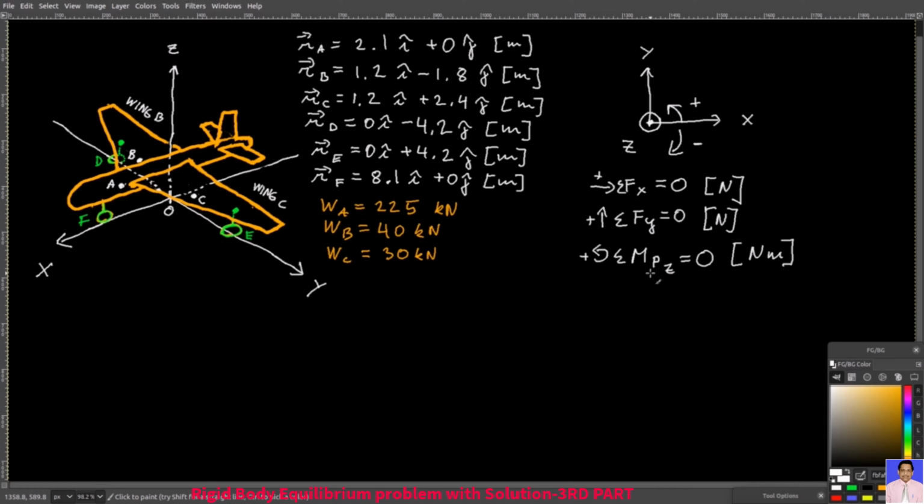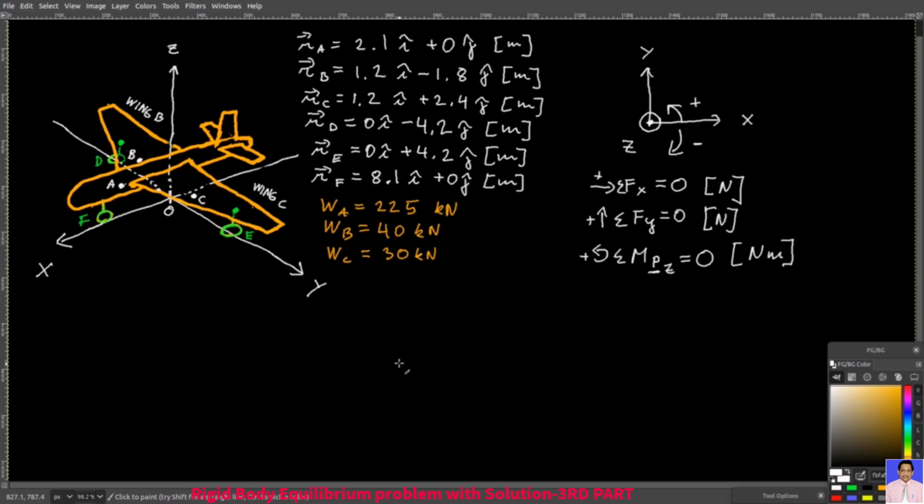Now, even though you can choose this point P, you still have to exercise some judgment there and try to take that moment about a point that is more convenient, meaning that you want this third equation to have as little unknowns as possible.